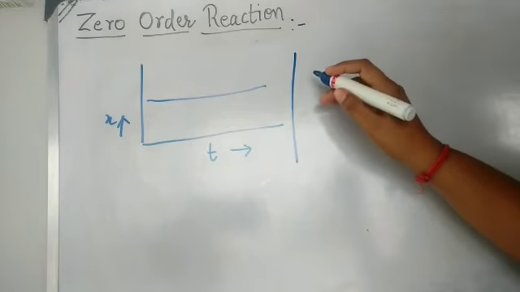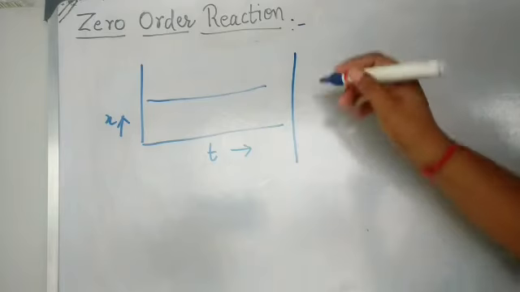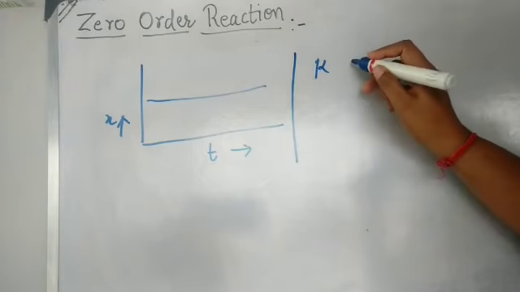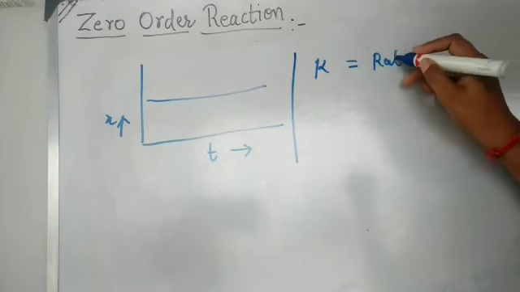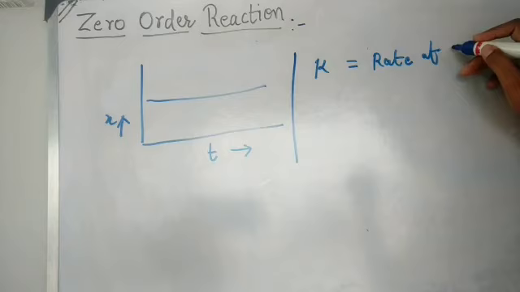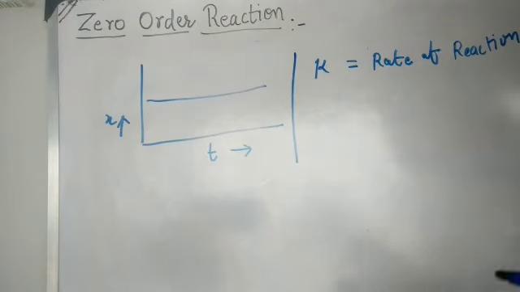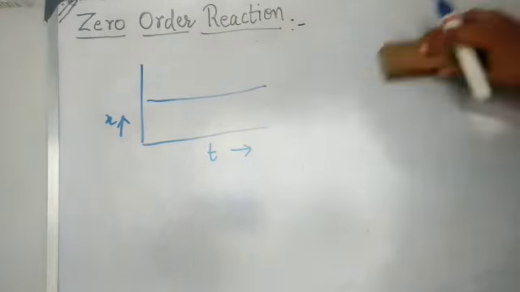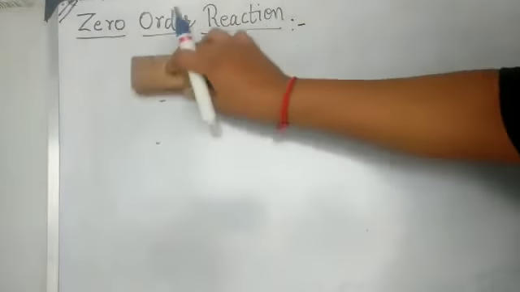Now the second is that in zero order reaction, your rate constant will be equal to the rate of reaction at all concentrations. These are the characteristics for zero order reaction.